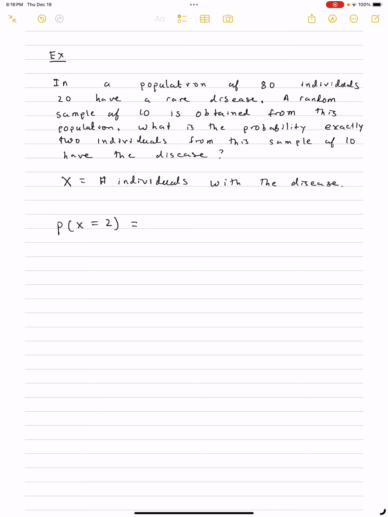I'm going to use the rules of probability to calculate this, and probability says it's the number of ways to obtain 2 individuals with the disease.